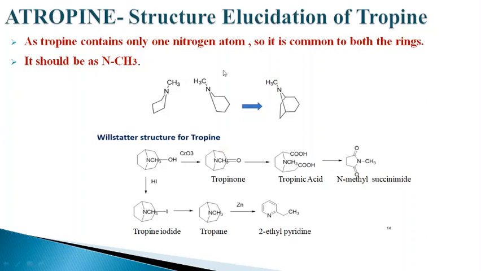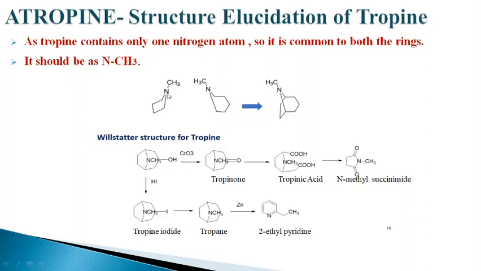So tropine contains only one nitrogen atom, which is common to both the rings, and this nitrogen must also have a methyl group attached to it. So we can propose the structure of tropine.